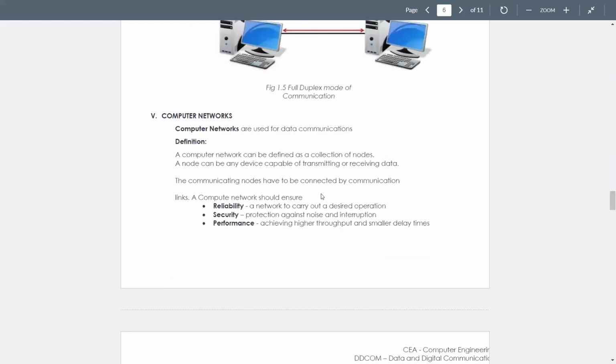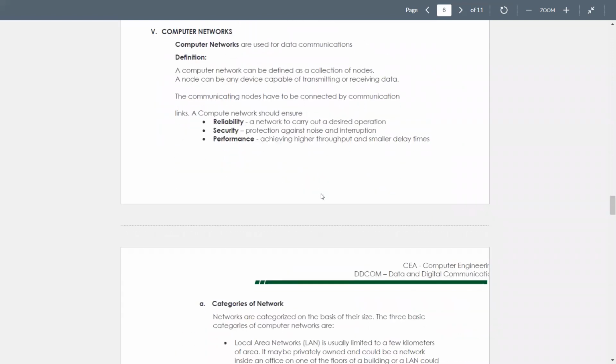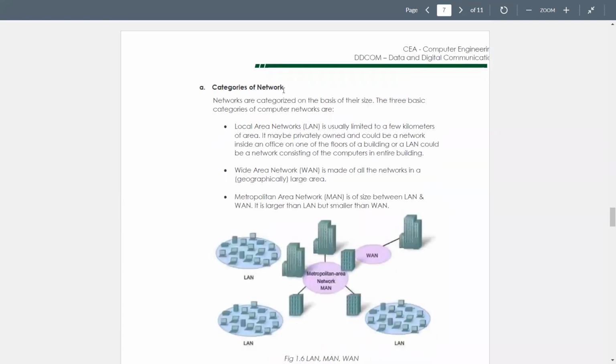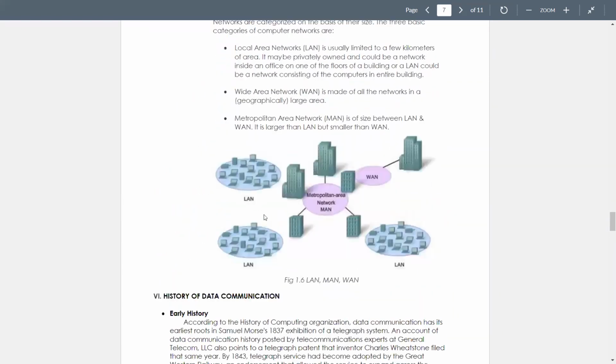Okay, and then we have the computer networks. We'll be having this one more on your NetAcad subject. I forgot the name of the subject, your next subject after this one, but that is the CCNA 1 under Cisco. Then we also have LAN.